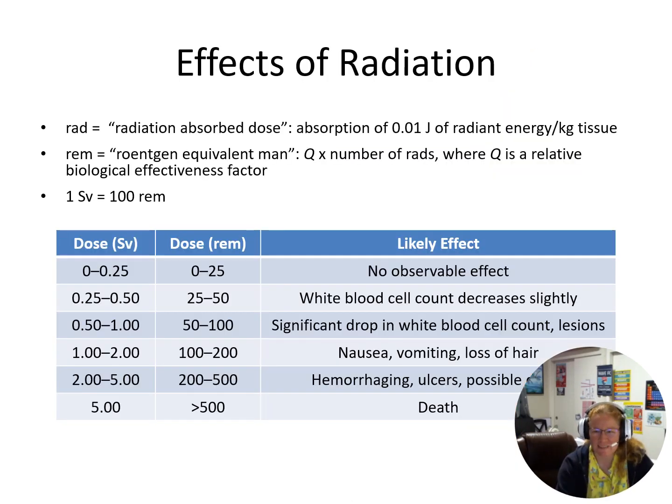And so we get these effects. If we have a little bit of radiation, not a whole lot happens. But as we increase the radiation, the damage increases. Our white blood cell count goes down even more. We start to see skin lesions, other physical effects, and then we start to see people die. This is just the more immediate effects.